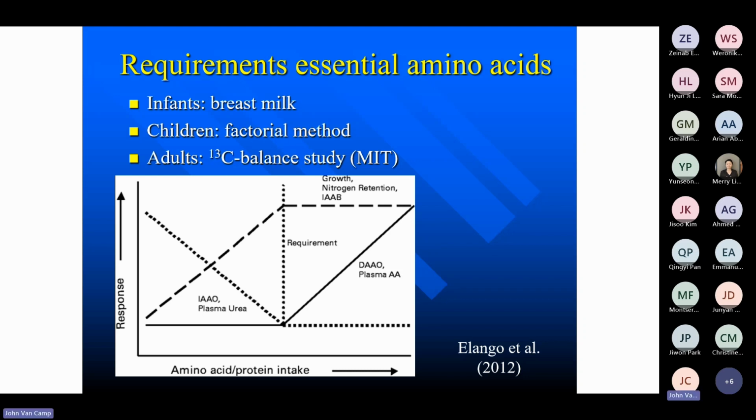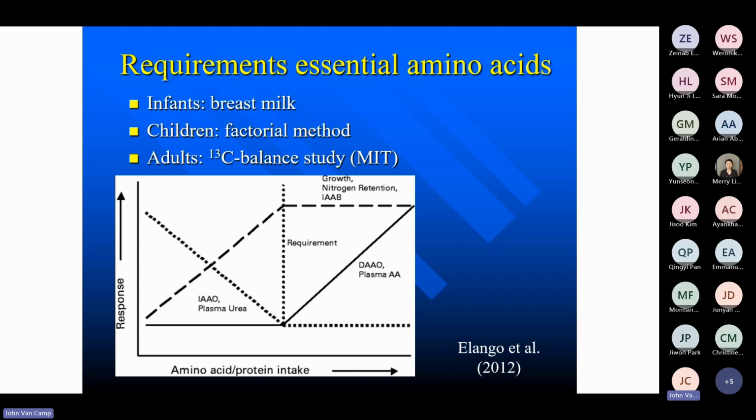You can only incorporate it if you have a certain amount of amino acid. If you go beyond the amino acid requirement, at that moment, the excess is just oxidized. This also means that the indicator amino acid will not be used any further, and that's why the value stays stable. I hope it's a little bit clear.